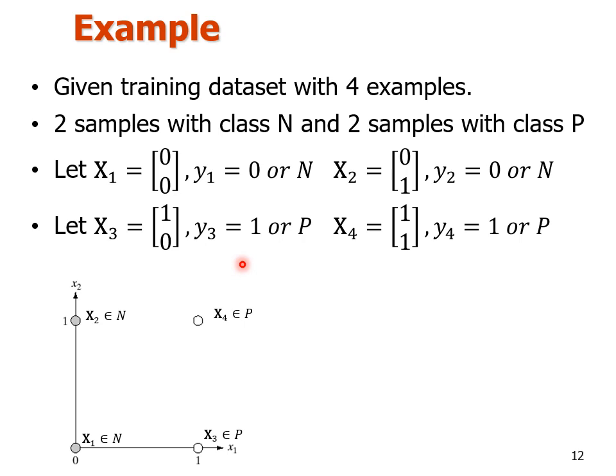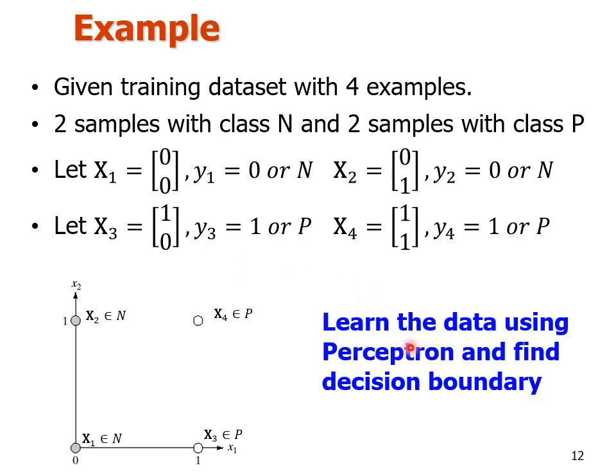Now we are interested in learning this data using a perceptron, and we would like to find the decision boundary that separates the samples in the 2 classes, positive and negative. I hope you have understood the problem to be solved.